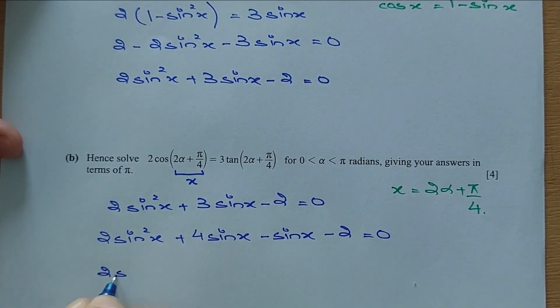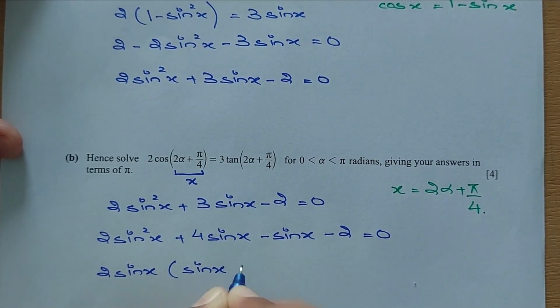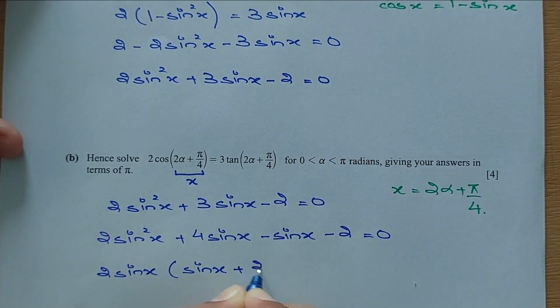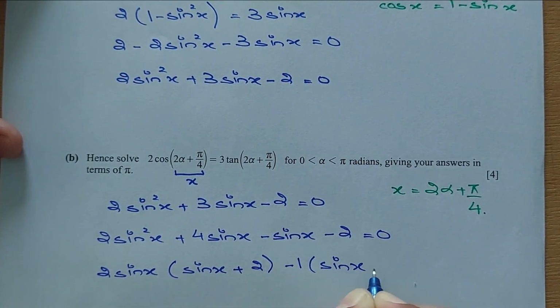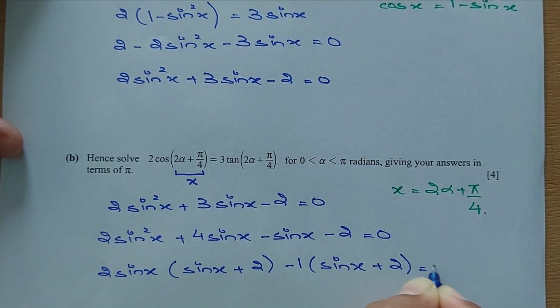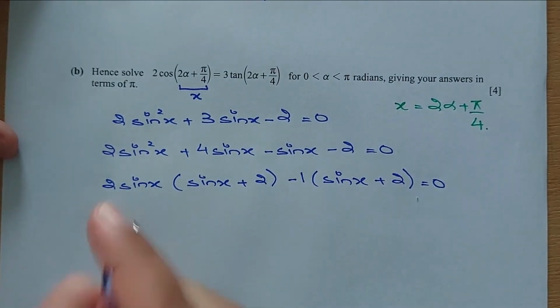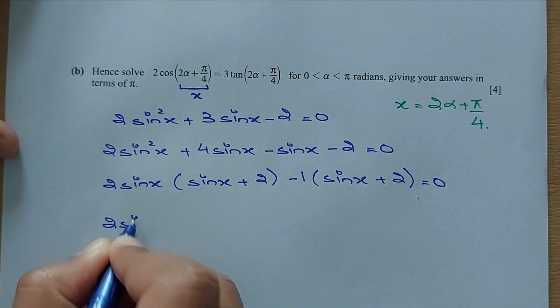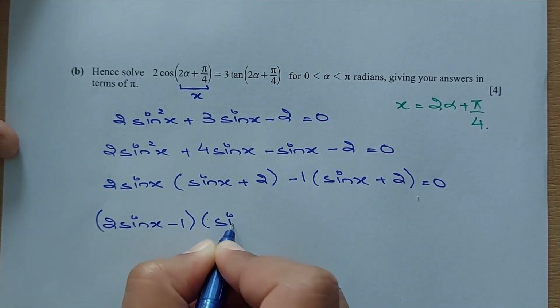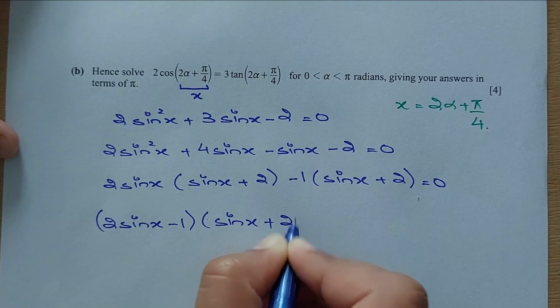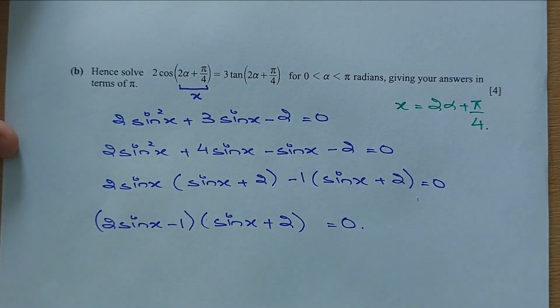Taking 2 sine x common, we have sine x plus 2, and minus 1 is common, sine x plus 2. So we have two factors, 2 sine x minus 1 and sine x plus 2 equals 0, right?